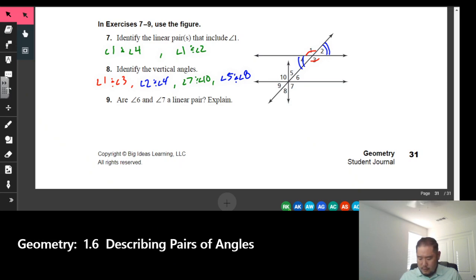If I take a look at this angle 6 and how that's formed, we could say angle 6 and angle 9. And I think we have listed them all now.